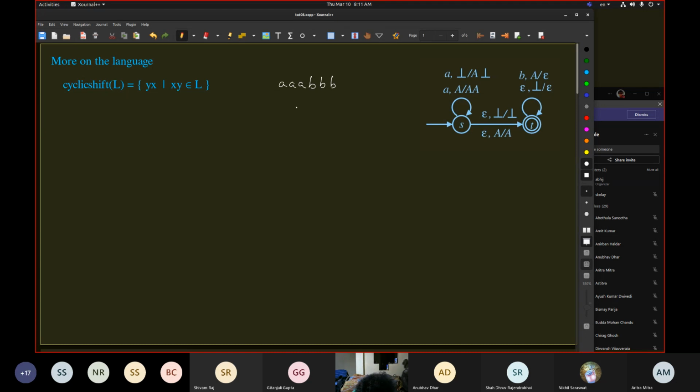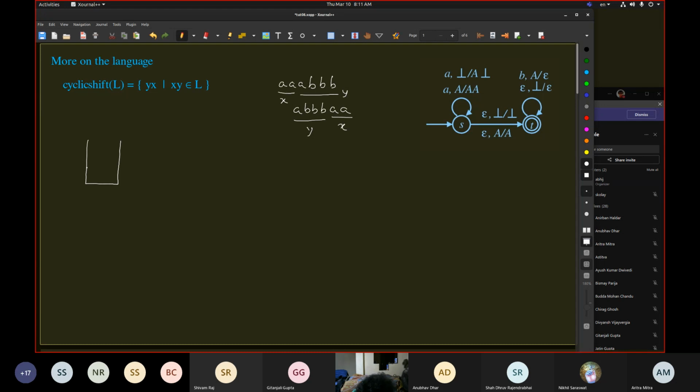Maybe I start from here: A, triple B, double A. So this is my X. This is my Y. So let us see how our PDA for the cyclic shift language works.